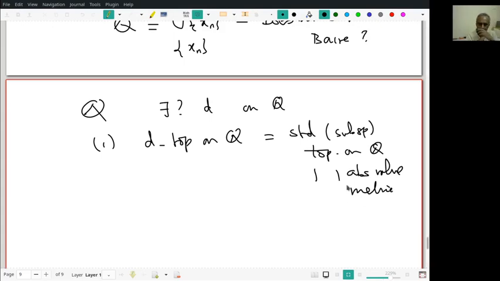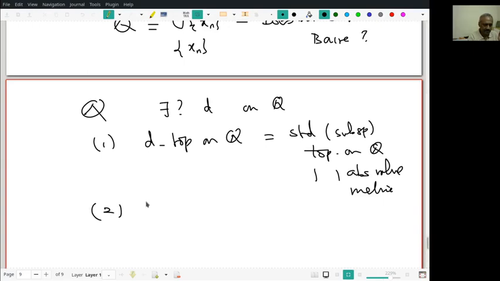You understand the question? The absolute value metric induces a topology on Q. The D also induces a topology on Q. Therefore, U is open with respect to the absolute value metric if and only if U is open with respect to D. Is that point clear? Good.